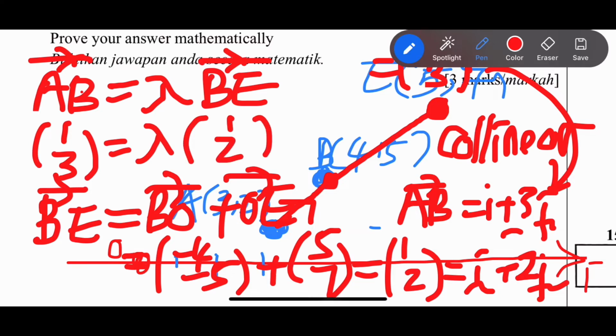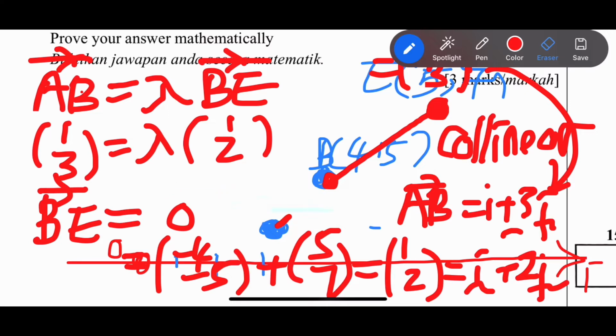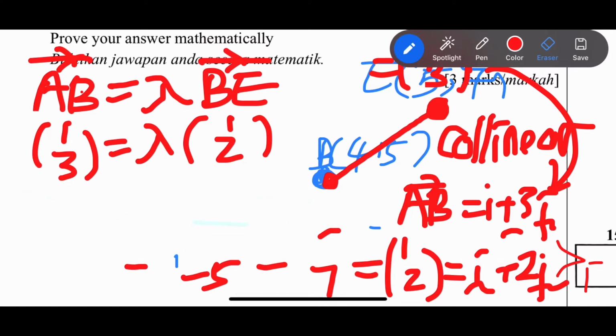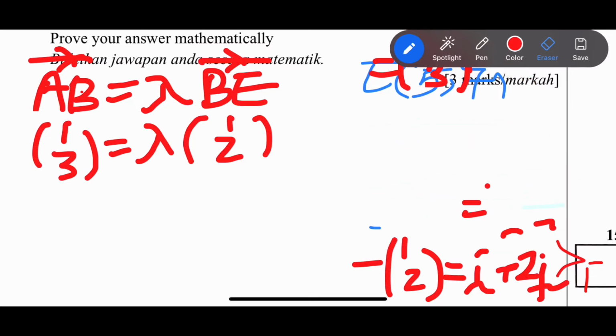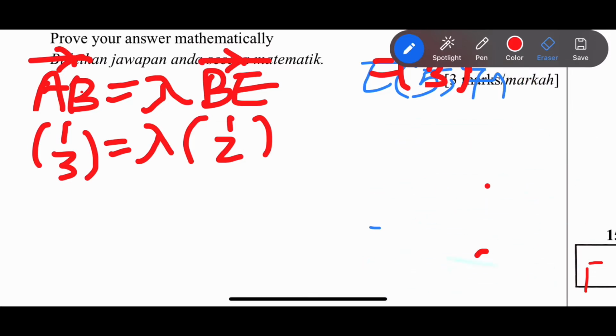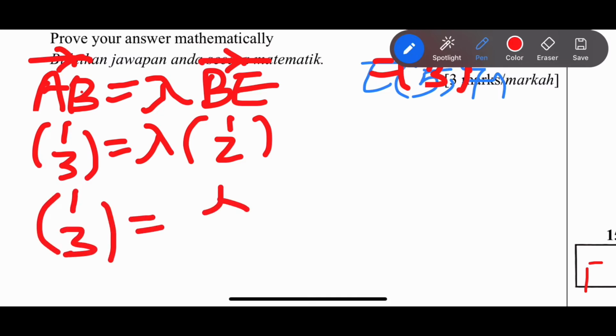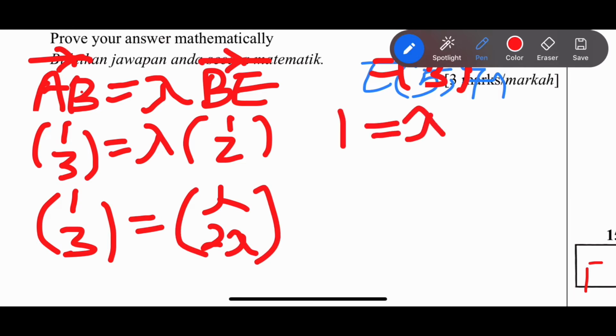Lambda BE is 1, 2, right? Just now we found already. You can write i plus 3j equal to lambda times (i plus 2j). It's okay, but I don't like it because I don't like i and j. It's very long. When I solve, finally I will convert to i and j later on. So 1 over 3 equals lambda times 1, which is lambda. 2 times lambda is 2 lambda. Then we just do comparison.